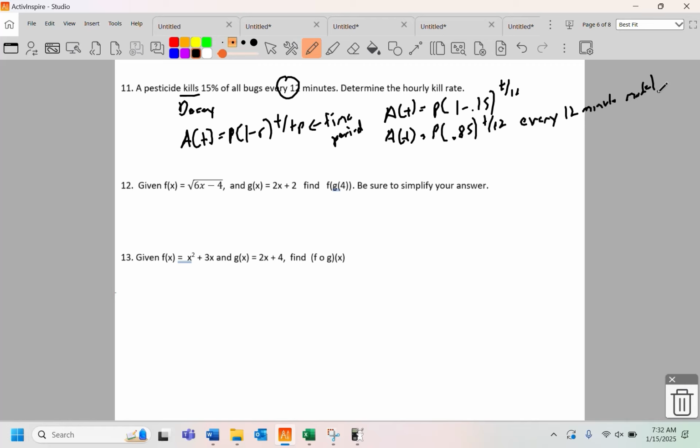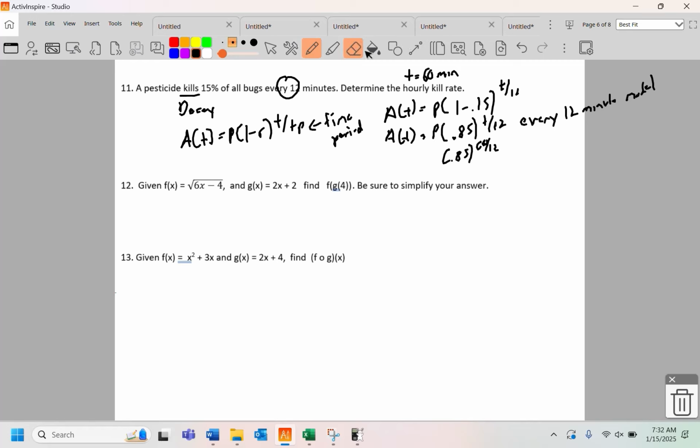So this is going to be kind of interesting here. I need to take that t over 12 and make it an hour. And it's not that hard to do because an hour is 60 minutes, right? So we're just going to put a 60 in there, 0.85 to the 60 over 12. That's all we have to do. Put that 60 in there.